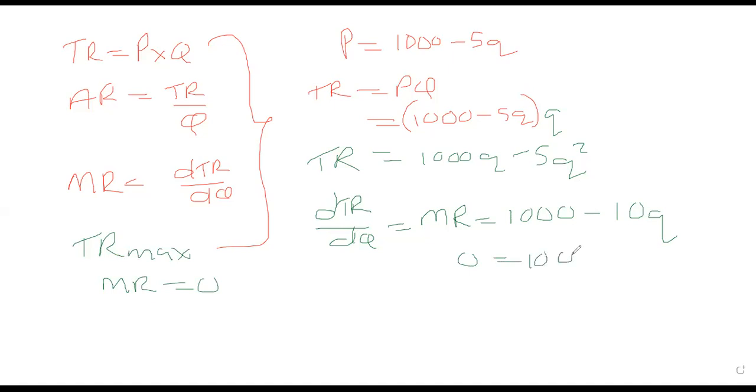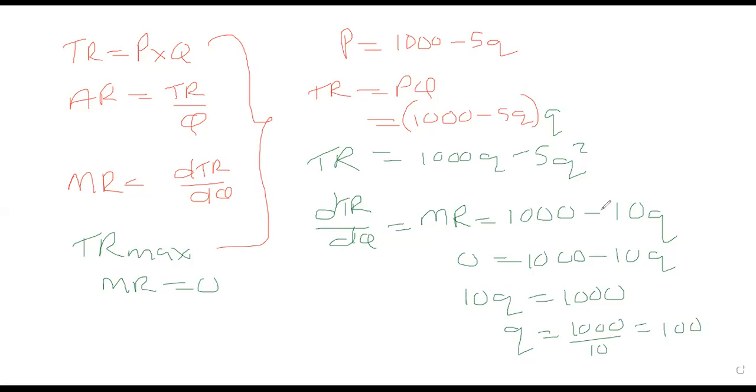We solve for Q. So when this one goes aside, we're going to have 10Q is equal to 1000. Then Q is equal to 1000 divided by 10. So this is going to be 100.